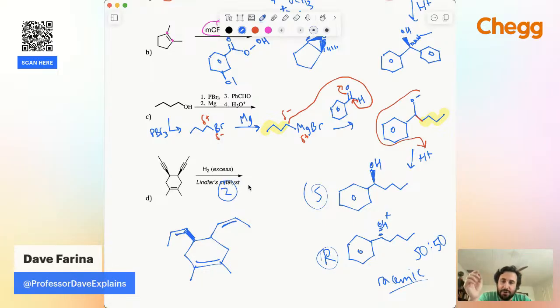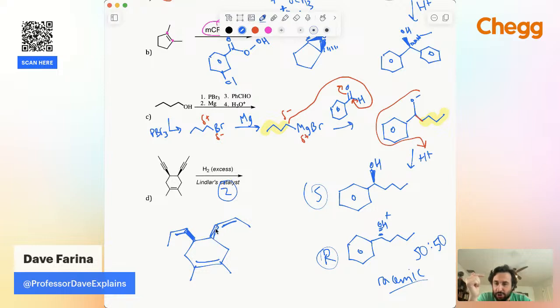If Lindlar's catalyst were not present and we were just hydrogenating as much as possible until it was fully saturated, we would be getting rid of all of the pi bonds. But because of Lindlar's catalyst, we're going to the Z alkene from the alkynes. So the alkene we don't touch. We can't go further than the alkene. And then over here, we go to the Z alkenes.